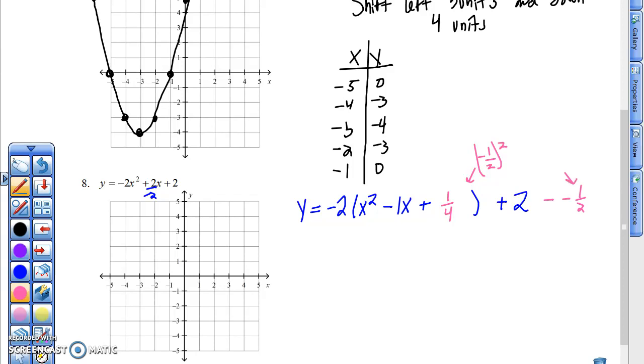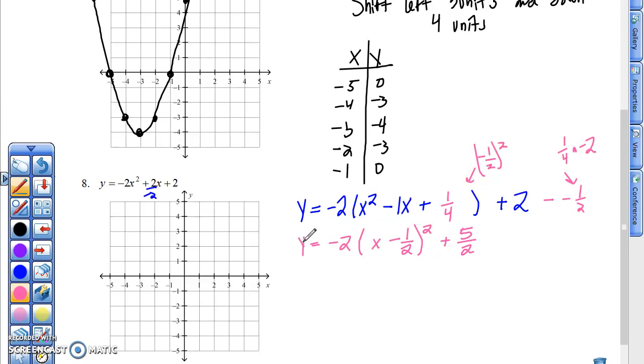Again, how I got this was the fact that I added a 1/4 into something that was multiplied by negative 2. So this completes my perfect square: x minus 1/2 squared. 2 plus a negative 1/2 would be 2.5 or 5/2.